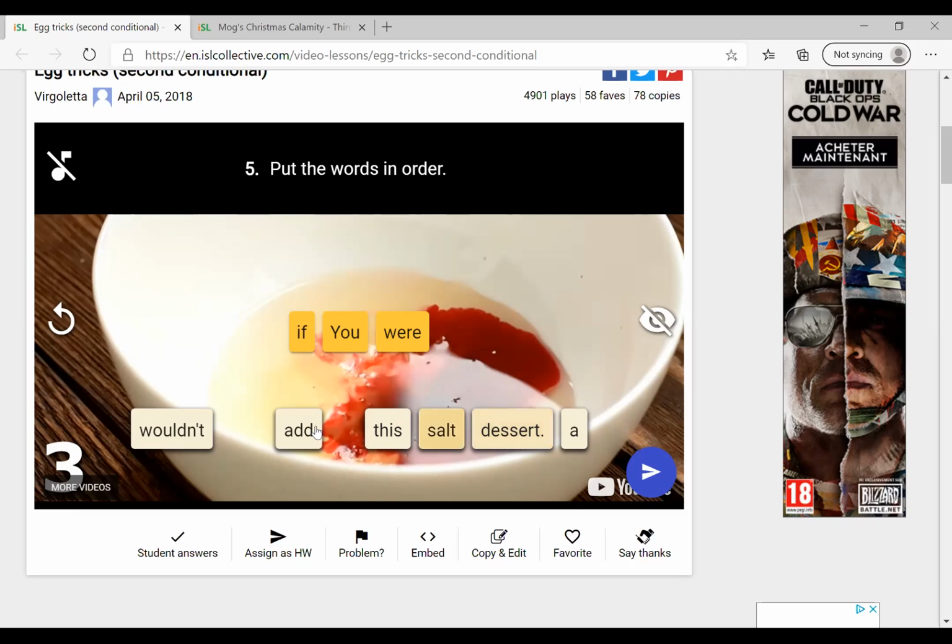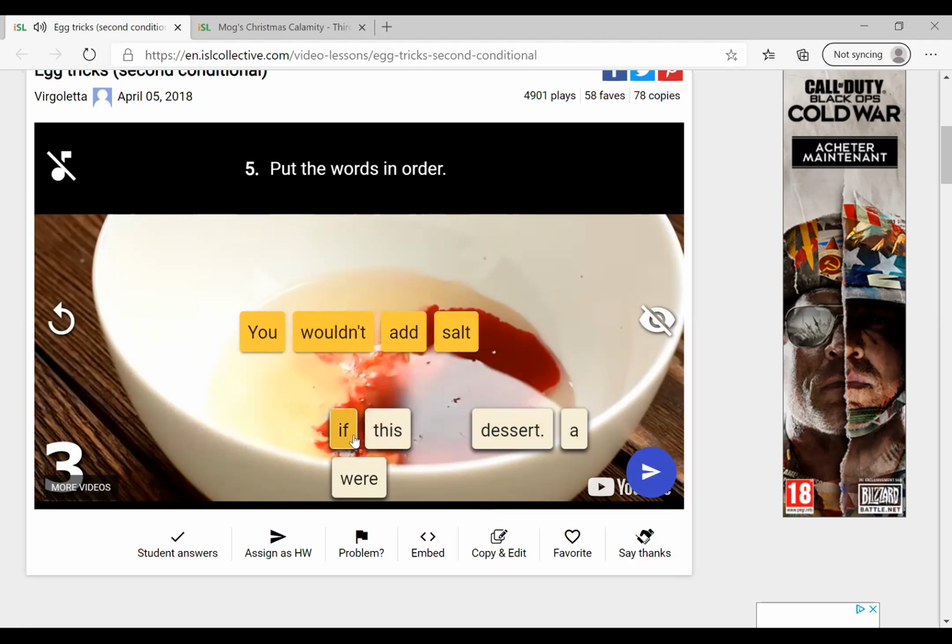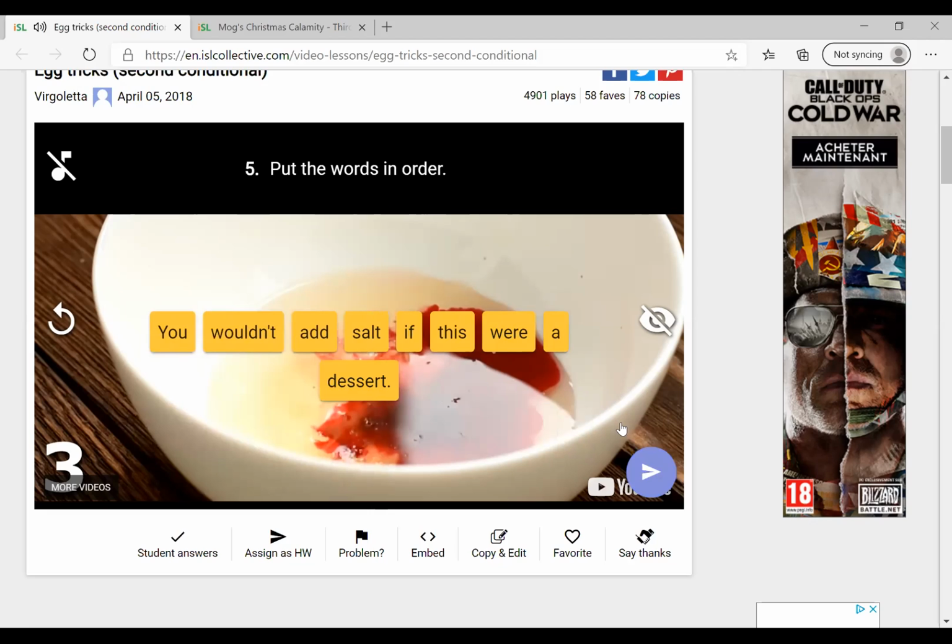We don't have had. If you were salt. No, if you were, it means if you are salt. You wouldn't add salt. If this were a dessert.